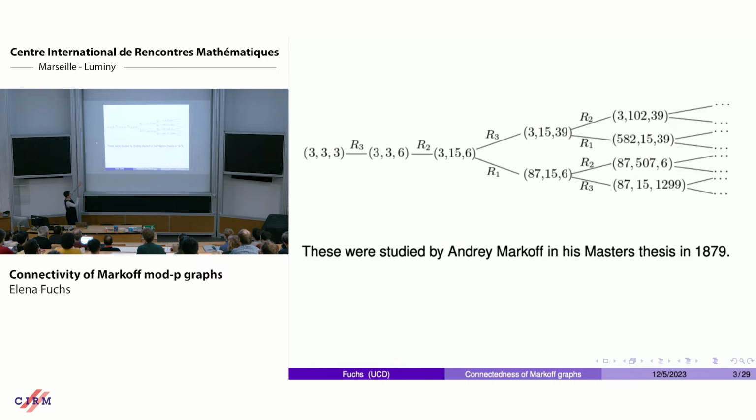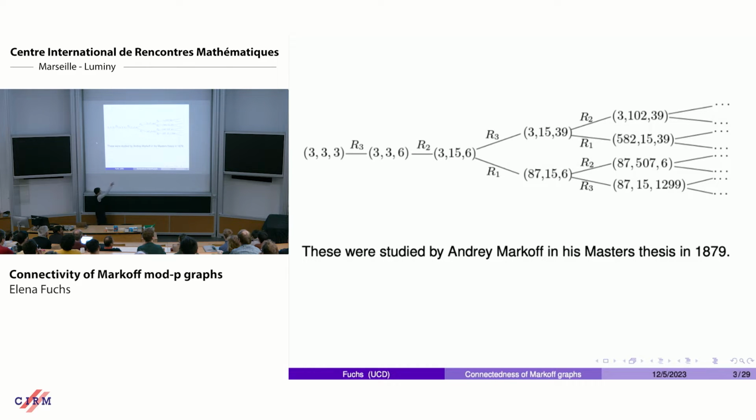And all those branches will be the same as this stuff, but with some permutations. And same with this 3, 3, 6, I only included R2 instead of R2 and R1, because R1 will, instead of getting 3, 15, 6, give you 15, 3, 6, and it'll be some permutation of everything we have there. So I did not include those in this picture.